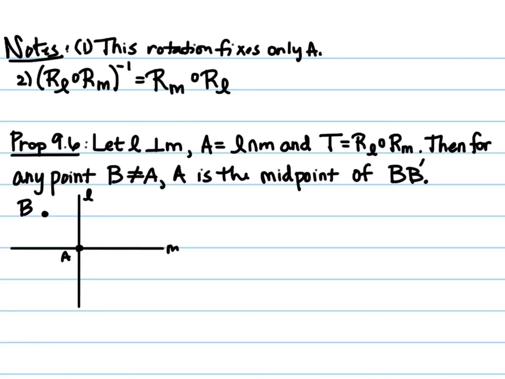If B were reflected across line L, reflected across line M, or rotated, the same thing we talked about through the point A in the middle, we would end up with our reflection right here. So here is B prime. Then the line that connects B and B prime goes right through A, and A will be the midpoint of that line.